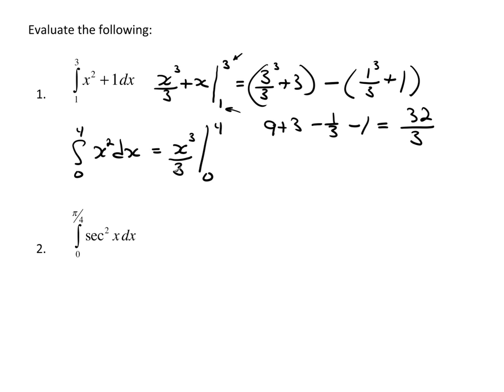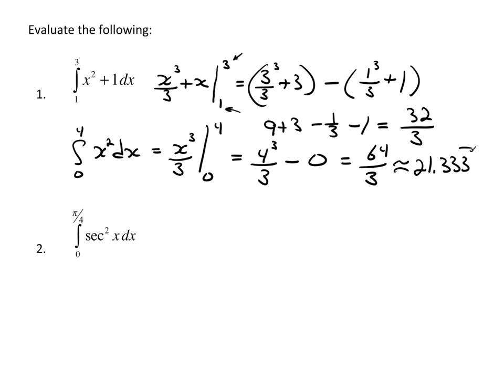This is the antiderivative, which is going to be 4 cubed over 3 minus 0, which is 64 over 3. Or if I want to approximate that, that would be approximately 21.333, and the 3 repeats.